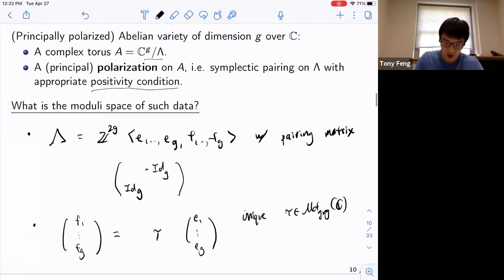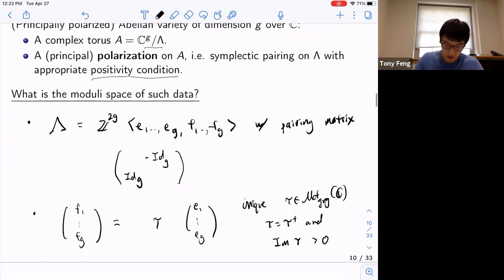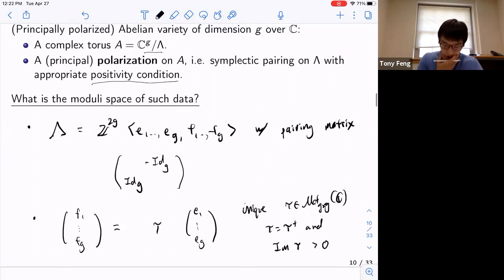The condition that the symplectic form is a polarization, you can unwind to see that this matrix had better be symmetric, and its imaginary part, which is a symmetric matrix over the real numbers, has to be positive definite. Okay, and so this completely describes the data required to construct the abelian variety.